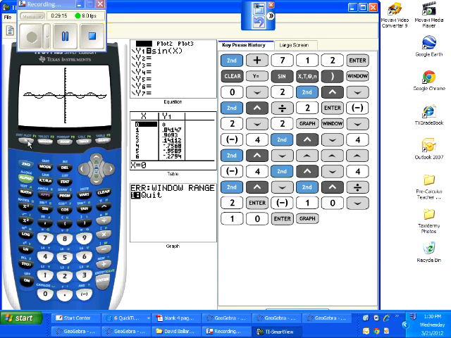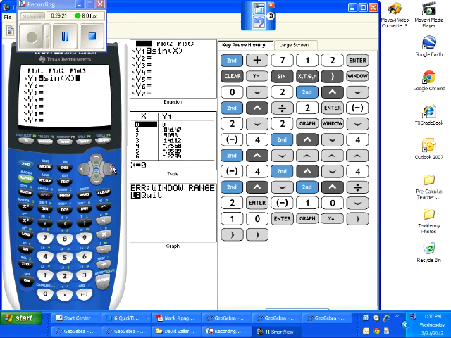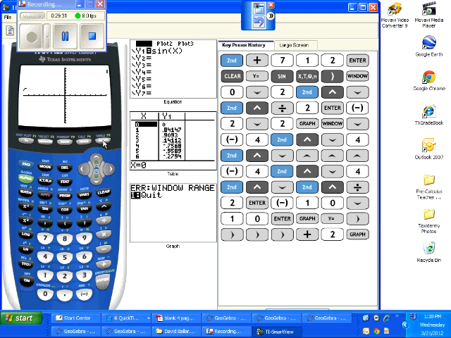Now, let's see if we can guess what's going to happen before it happens. So let's say we go out here to the end of this and put a plus 2. What's going to happen to the sine wave? It will shift up 2.